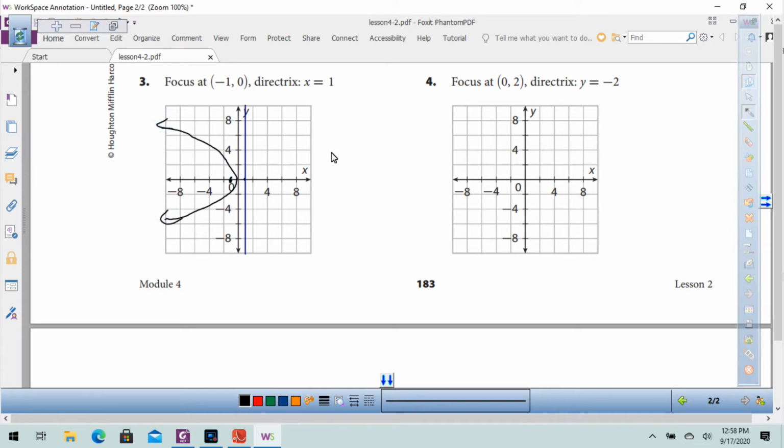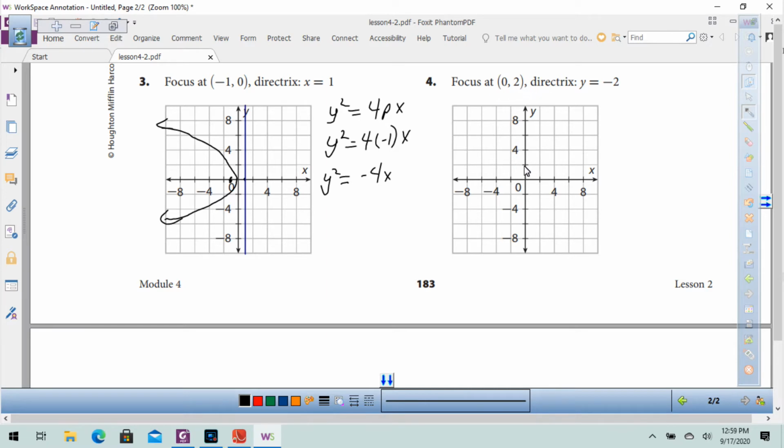So when it opens to the left, we're going to use y squared equals 4px. Now we've got to find out what p is. We go left 1, so that's -1. We get y squared equals -4x. Doing well.